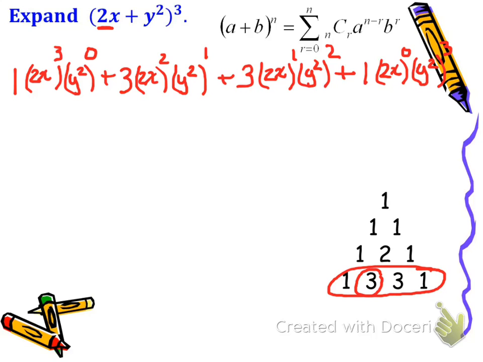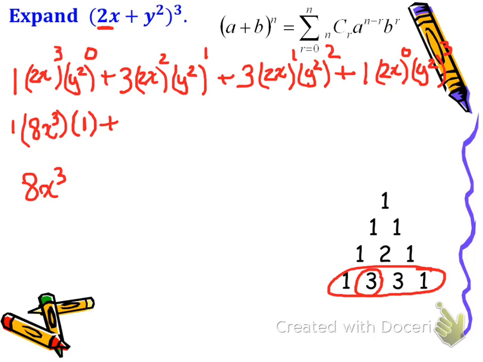Now let's simplify. We would have 1 times 2x cubed. 2x cubed would be equal to 8x cubed. And then y squared raised to the 0 power. Remember, anything raised to the 0 power equals 1. Simplify this: 1 times 8x cubed times 1, so that first term is 8x cubed.